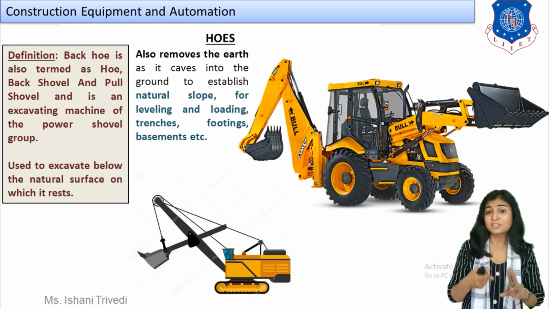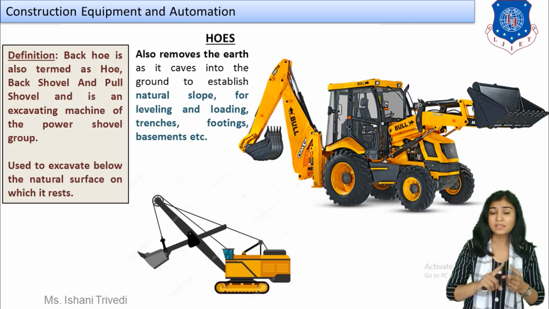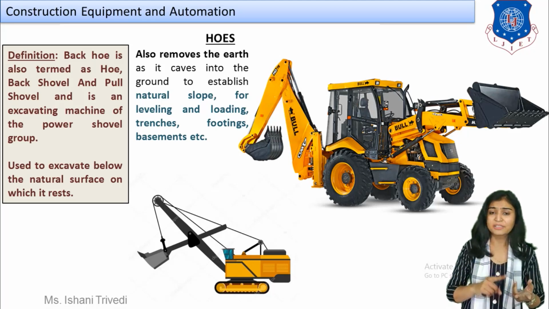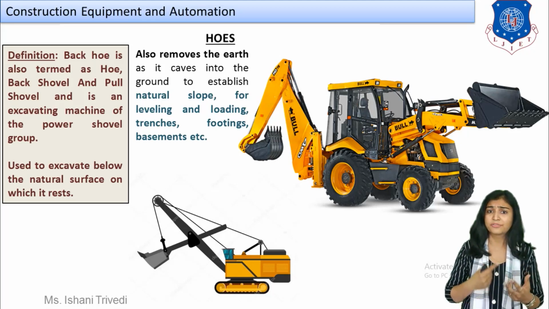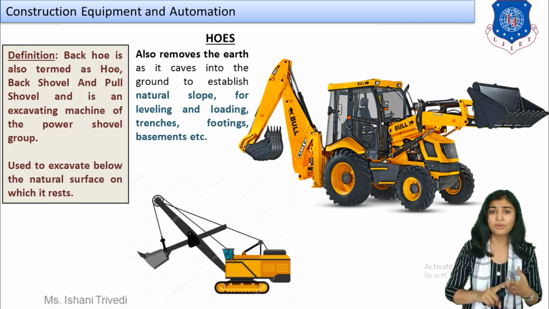In the hoe excavator we can see it is rear mounted, while in the bottom one we can see it is front mounted. But again, that doesn't cause a big difference. It can be rear mounted, it can be front mounted. If it is rear, then it is a back loader, and if it is in the front, then it is a front loader. One more thing we can see is that in the front a dozer blade is mounted.